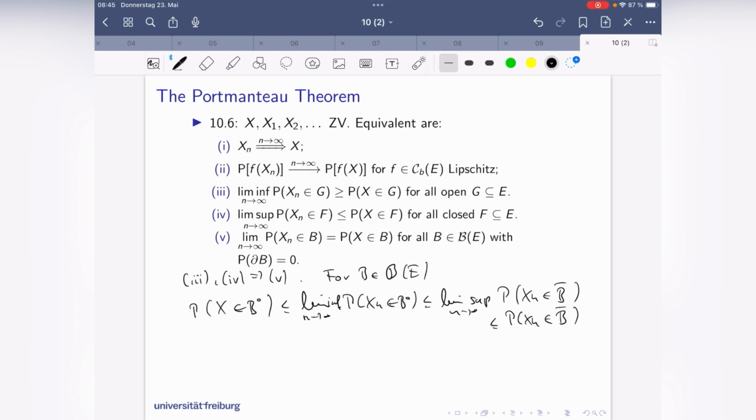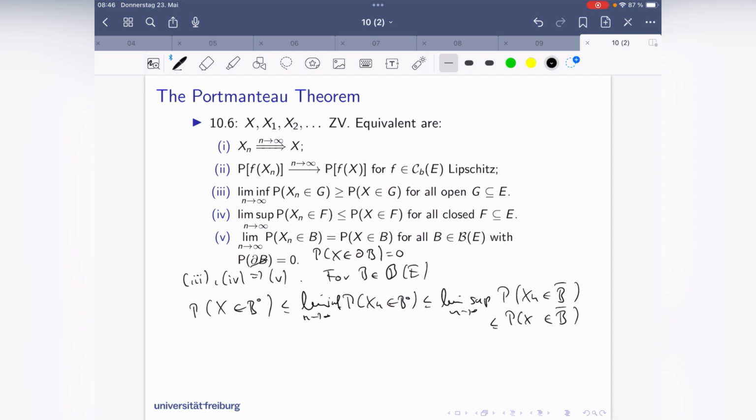But no n here, of course. And this here because we have that the boundary of B has measure 0. I cannot write it like this here, I have to write pi of x in boundary equals 0.